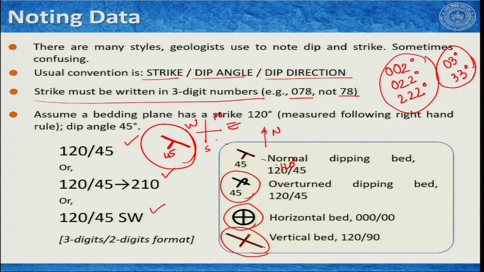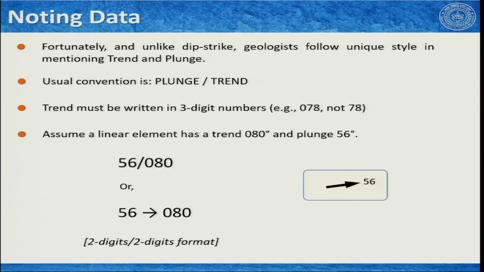Now, for trend it is relatively easier, because you have to note only 2 data: one is plunge and another is trend. Again, plunge is 2 digits and trend is 3 digits, so you always define it as 2 digits slash 3 digits with degrees.